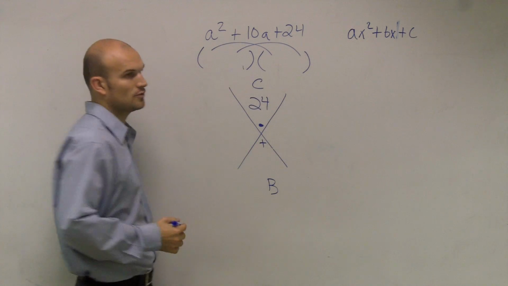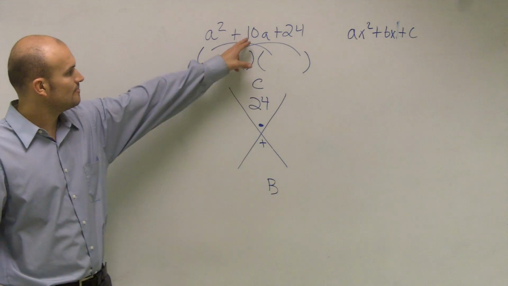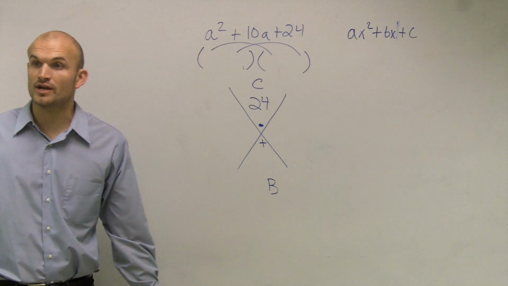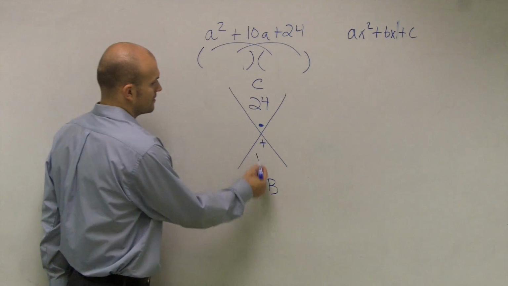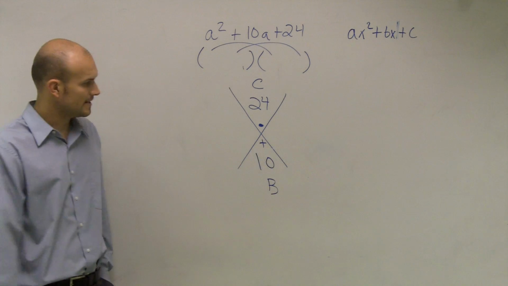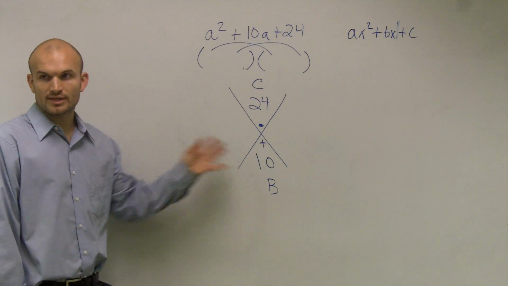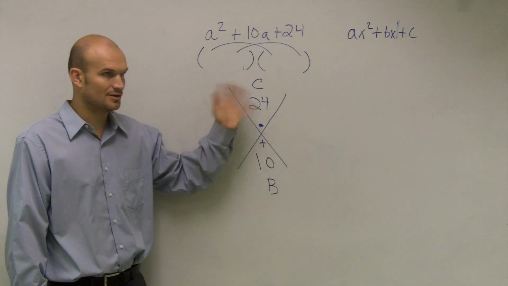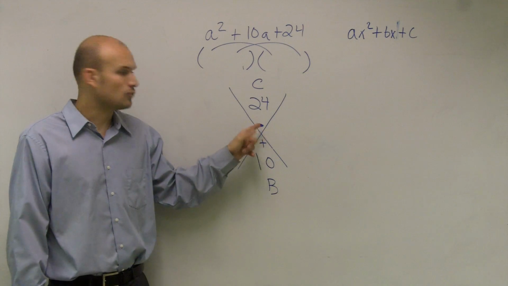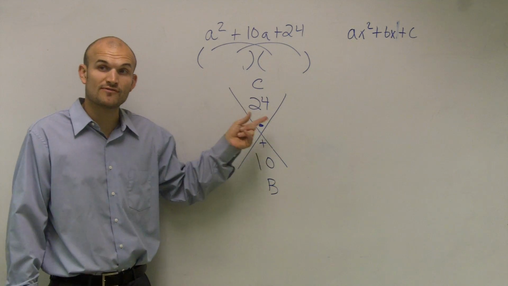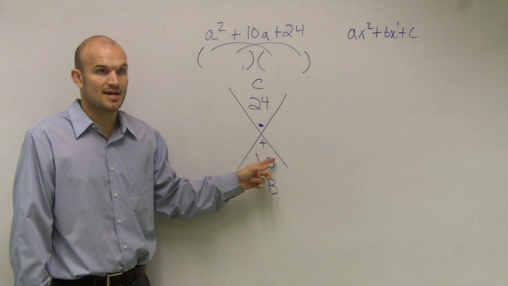Positive 24. Let's be careful with our signs. And then B is the number in front of our linear term, which is 10. So now with our little diagram, I need to think of what two numbers multiply to give me 24 and add to give me 10.